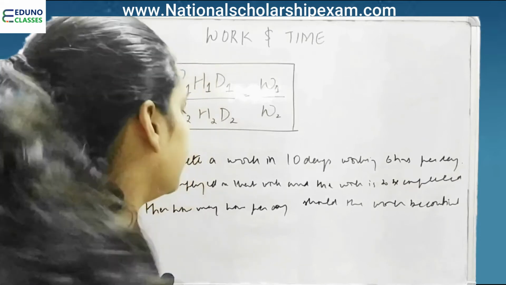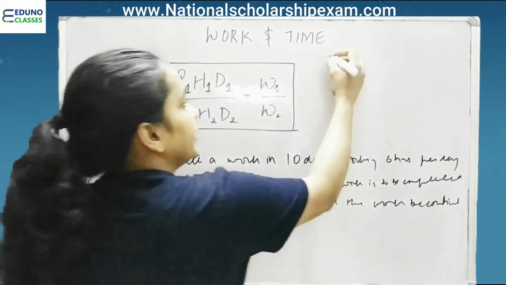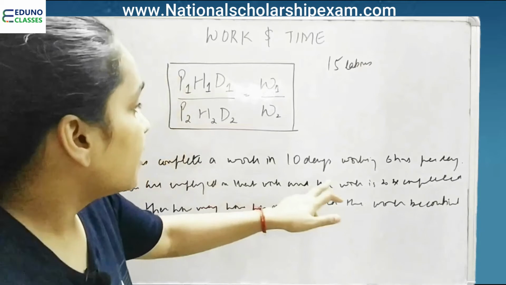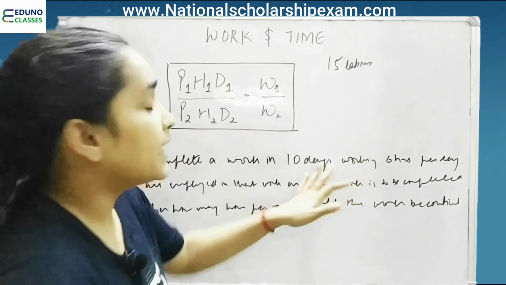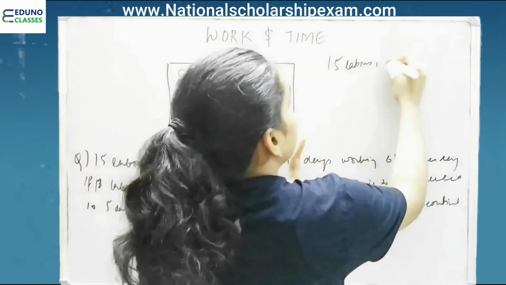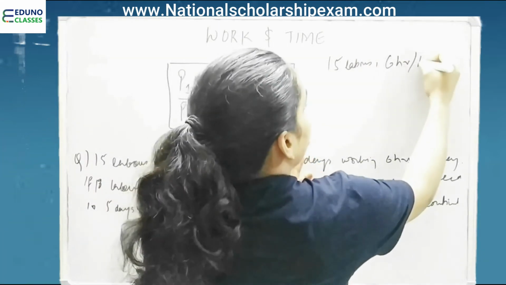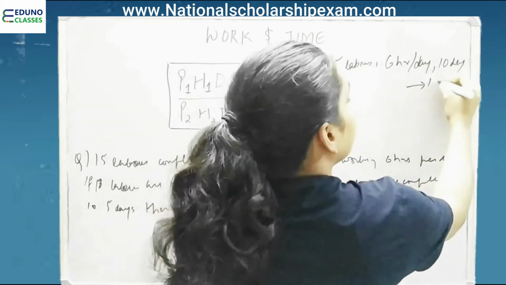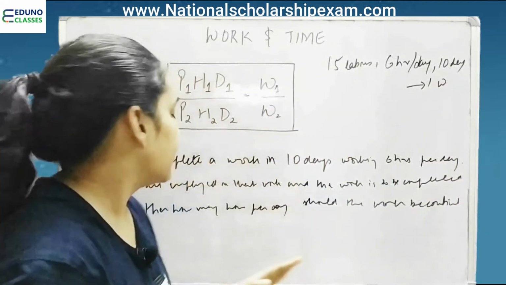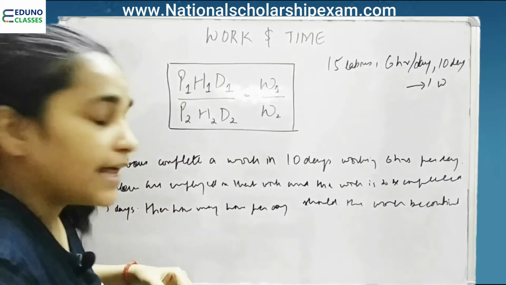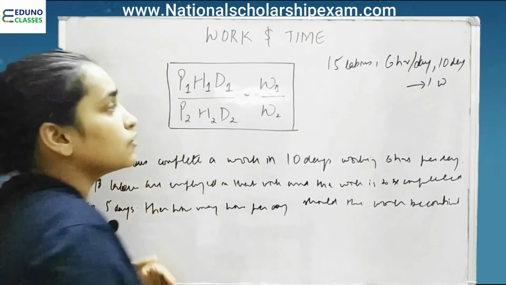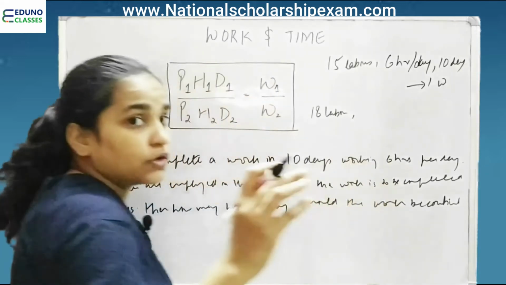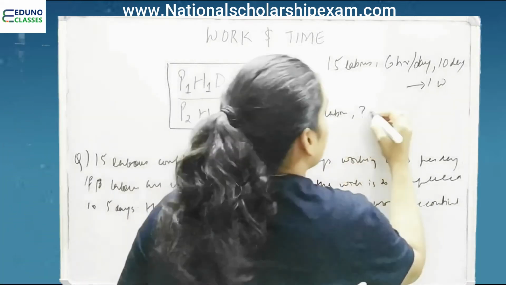The question is saying that if we have 15 laborers working for 6 hours per day for 10 days and completing 1 unit of work, but there has been some change and now they are employing 18 laborers and they don't know for how many hours they will work.